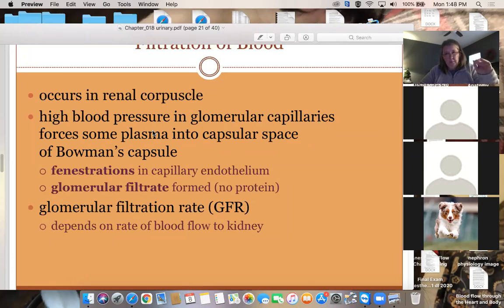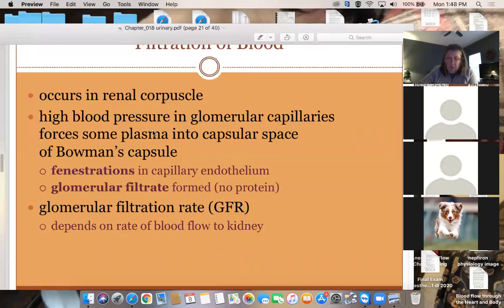If it starts to drop below 60, the body starts to go heart, brain, lungs, and kind of the kidneys don't get blood flow, which stops filtration of blood and production of urine, which can make your animal very sick. And then your nephrons don't get oxygen, and that causes a problem.